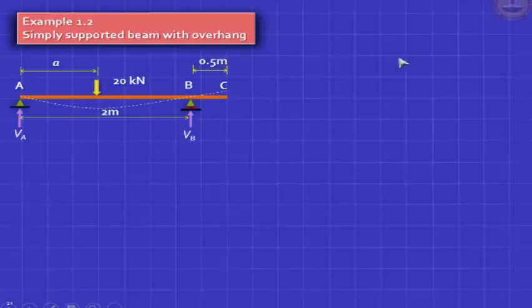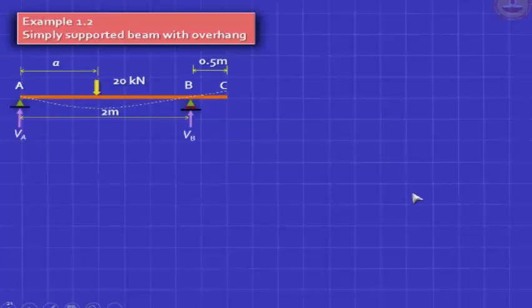Well, if the load is somewhere here, it's going to deflect like this, and this region will remain straight. Why will it remain straight? Because if I take a free body here, if I cut a section here, there's no load, there's no reaction, so there's no bending. This will remain straight. The overhang will remain straight, except when I put the load on the overhang. Note that.